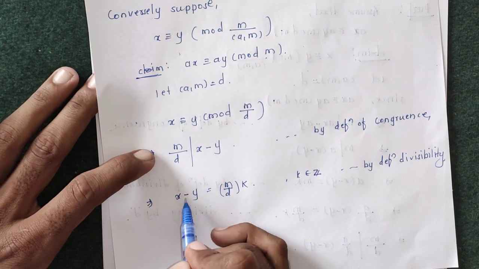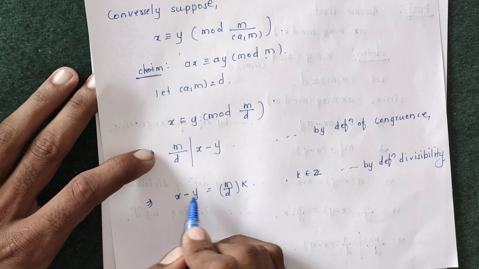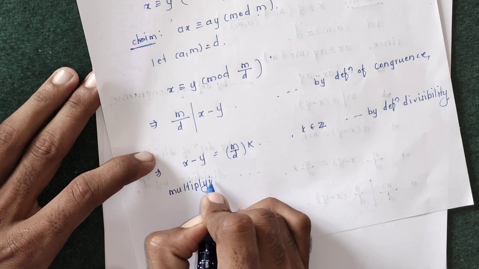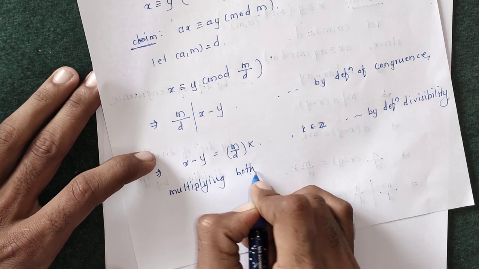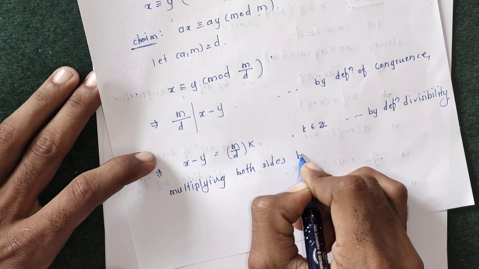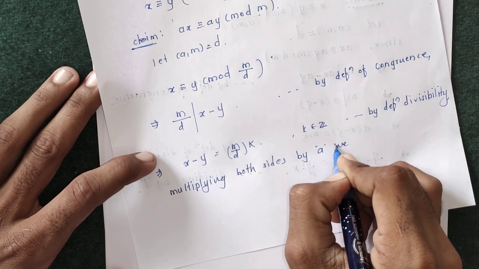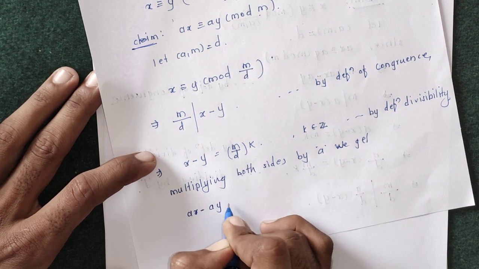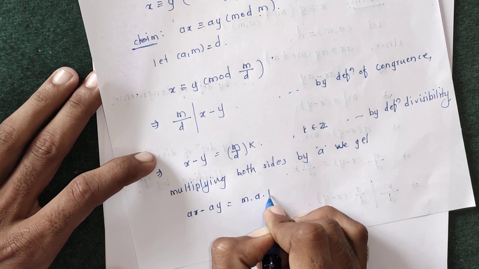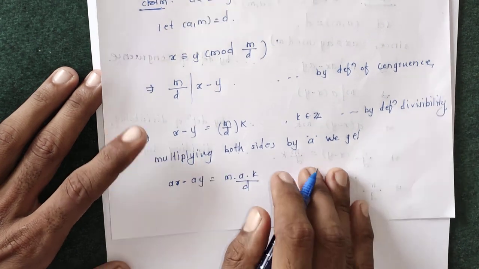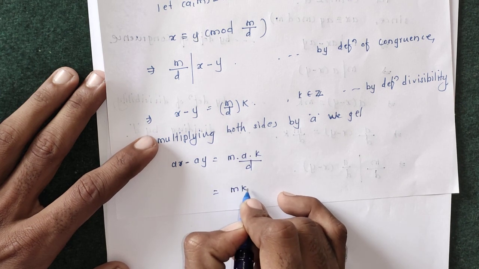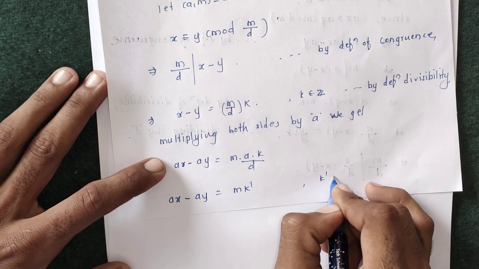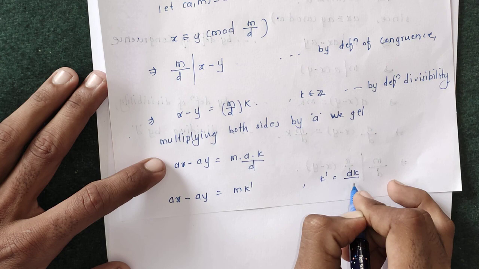Here we get x minus y, so multiplying both sides by a, we get ax minus ay is equal to m into a into k divided by d, or we can write it as m into some k prime, where k prime is equal to ak by d.